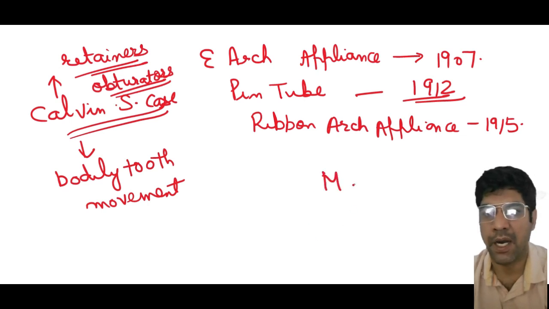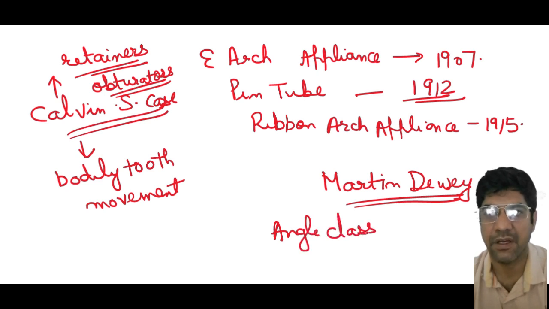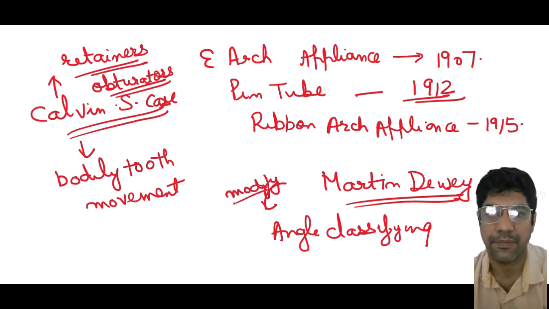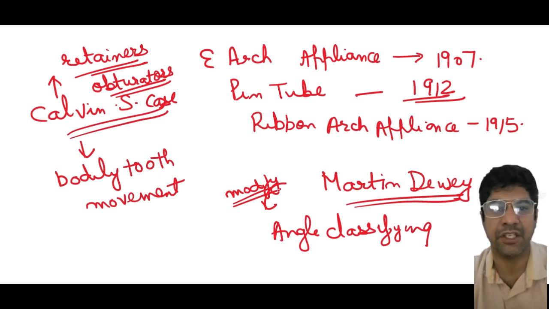Other was Martin Dewey. He is known for modifying the Angle classification of malocclusion.